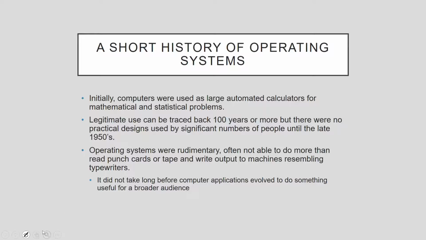And it took only a few decades for computer applications to evolve to appeal to a broader audience. The art in operating systems design, therefore, largely was to keep them very small and efficient.